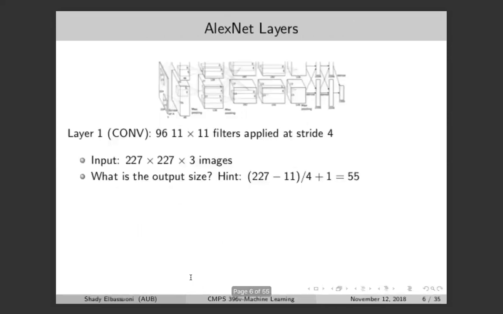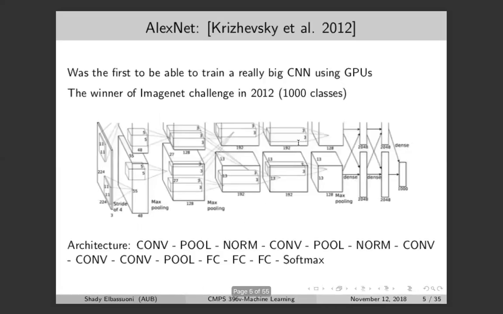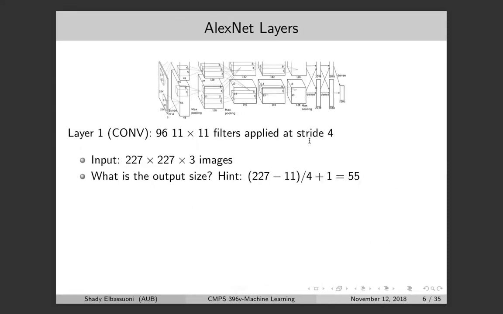You're welcome. Okay, let's look at one layer of AlexNet just to appreciate the number of parameters involved. Layer 1 of AlexNet has 96 11 by 11 filters applied at stride of 4. Every one of these convolutions is a map of 11 by 11 weights.